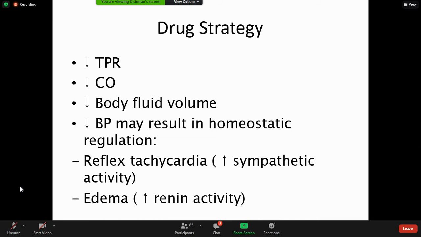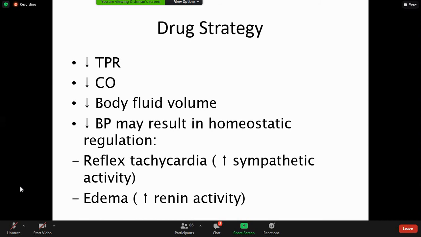And angiotensin 1 is converted into angiotensin 2 with the help of angiotensin converting enzyme, right? In the initial slides, we discussed that angiotensin 2 is responsible for inducing vasoconstriction, which raises the blood pressure.